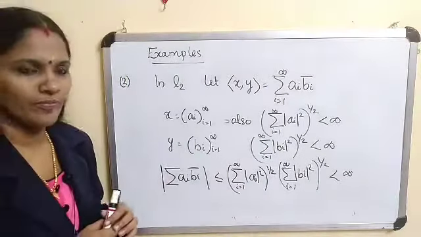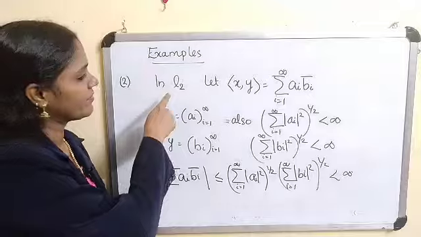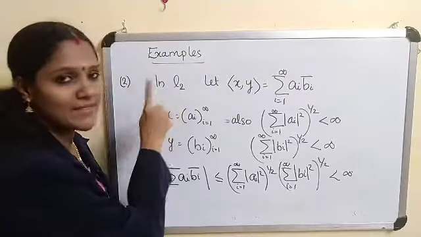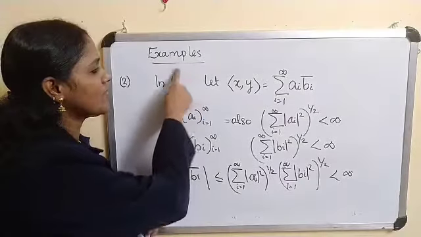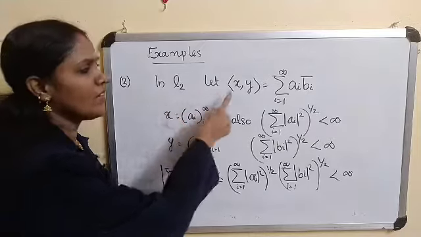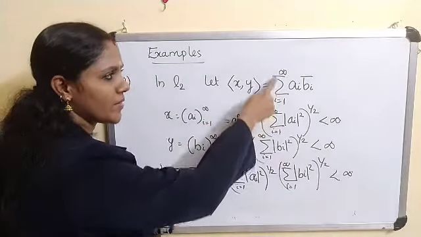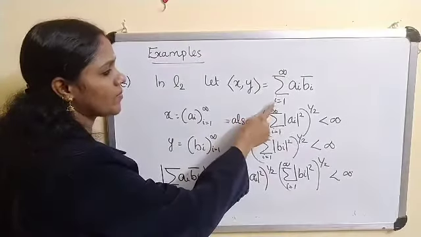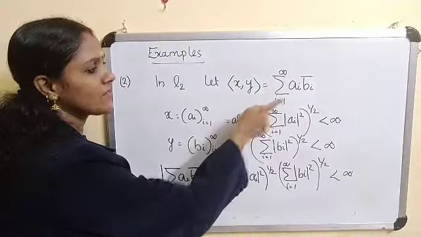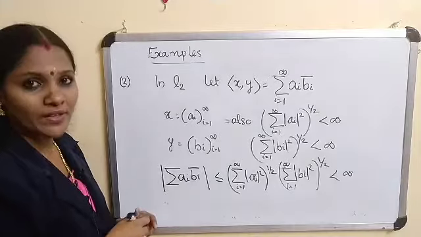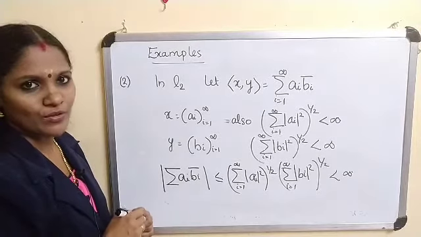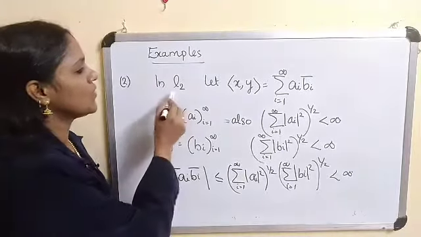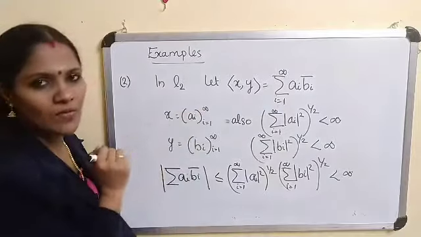In the earlier case we defined a function on Cn. Now we consider the space L2, and we have defined the inner product similarly. In the previous case Cn, this is the sum from i equal to 1 to n. Here this is sigma i equal to 1 to infinity ai bi conjugate. First we have to check whether this function is well defined.